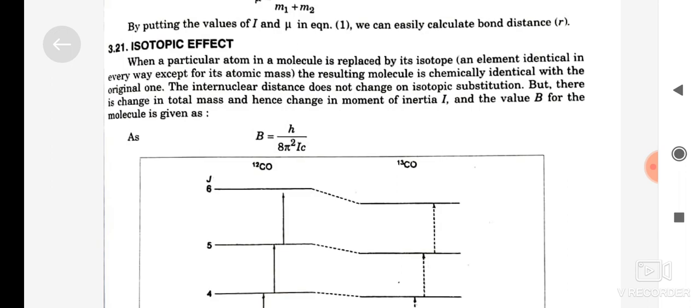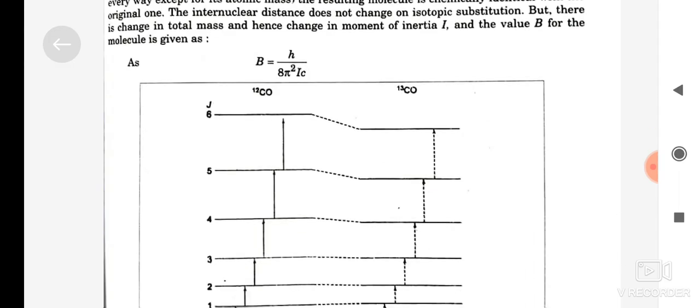Isotopic effect. When a particular atom in a molecule is replaced by its isotope, the resulting molecule is chemically identical with the original one. The internuclear distance does not change on isotopic substitution, but there is a change in total mass and hence a change in moment of inertia I. The value of B for the molecule is given as B = h/8π²Ic.